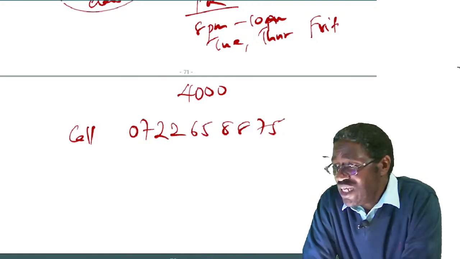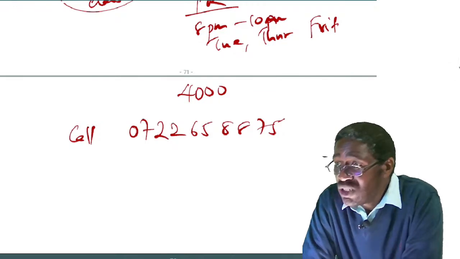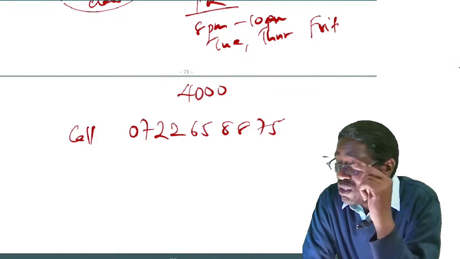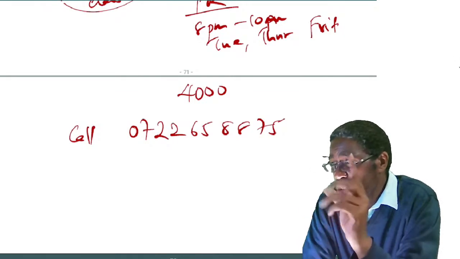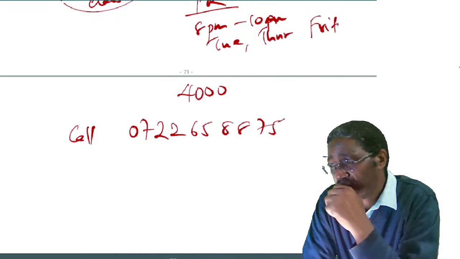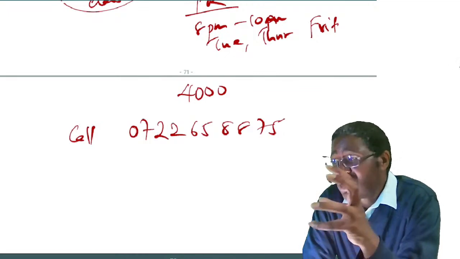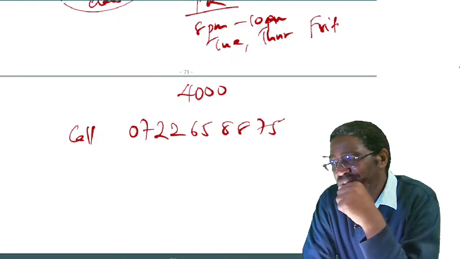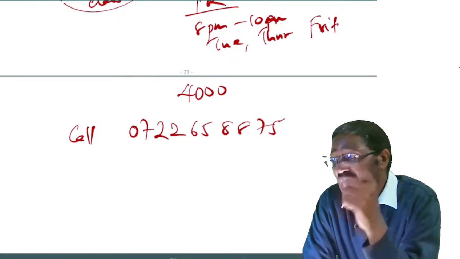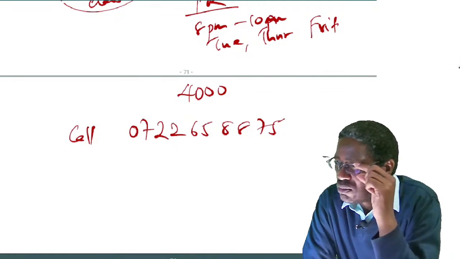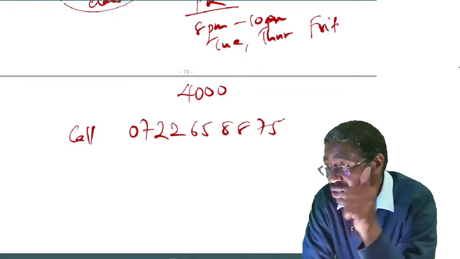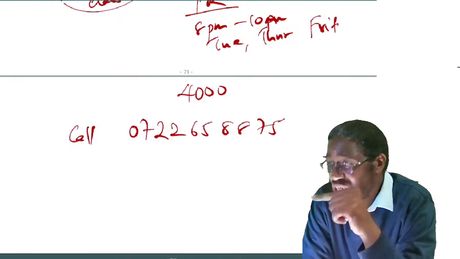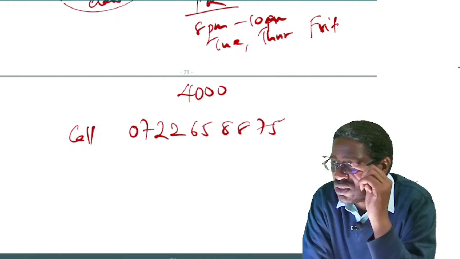Any other comment, either to improve or to clarify? First, was the sound loud and clear?